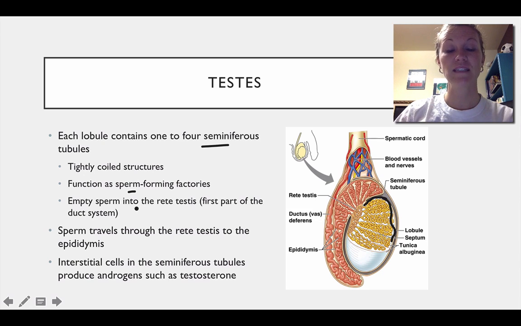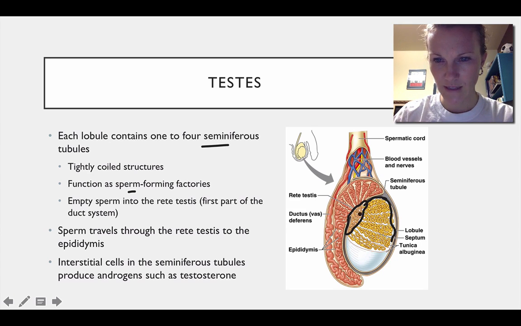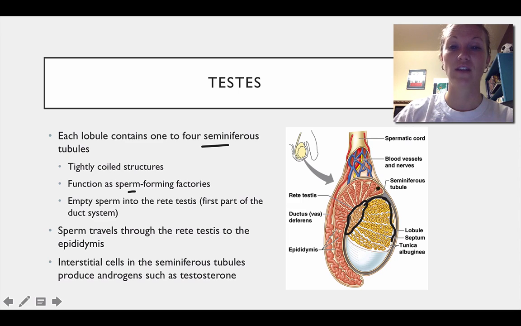They're going to empty sperm into this part of the testis, which is a different color, kind of a tan color. The purpose of that is that sperm will then travel into the epididymis, which is right in here, and sperm will be stored there.